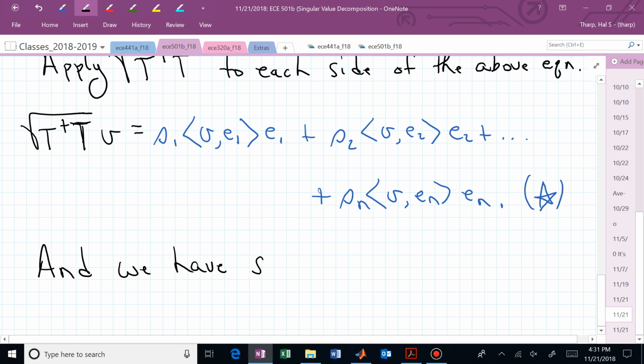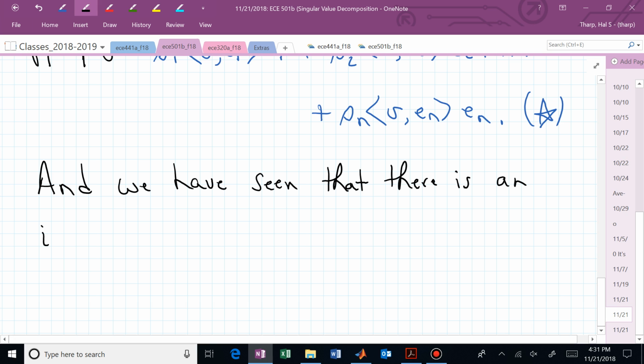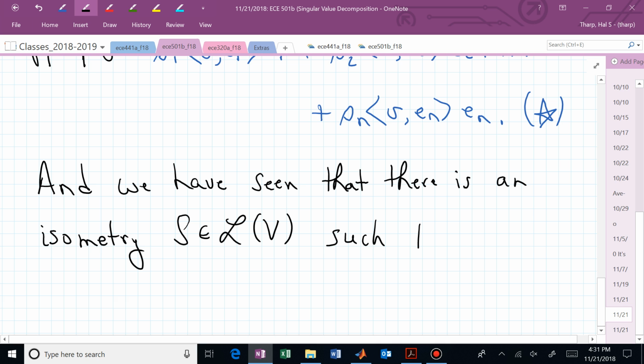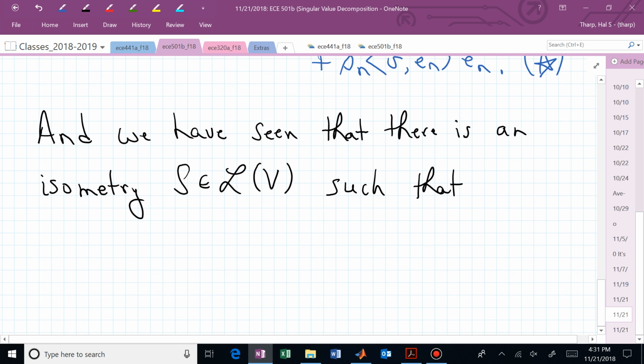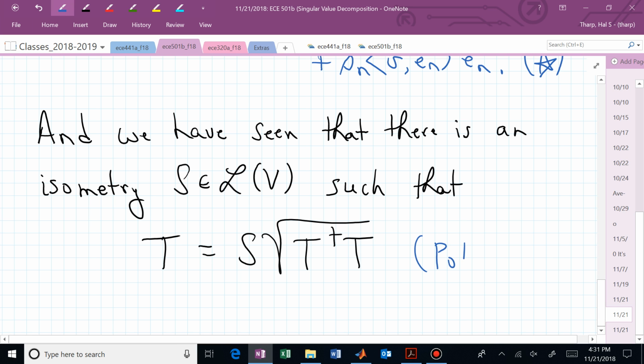And we have seen that there is an isometry S on our linear vector space V such that T is equal to S times the square root of T dagger T. That's from our polar decomposition result.